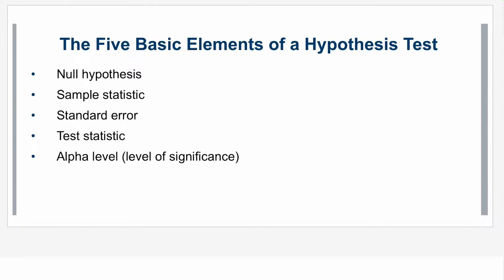The first is the null hypothesis. The reason it's called null is because it's always predicting nothing. It's predicting that there's no effect, or no change, or no difference between groups, or no relationship if you're looking at correlations. It is predicting that nothing is going to happen as a result of whatever you're studying.